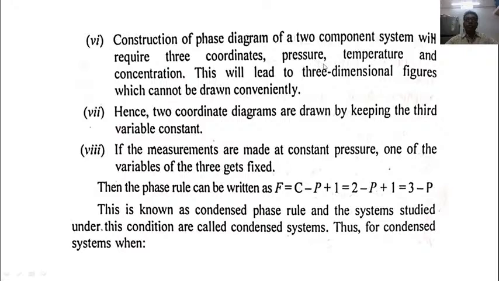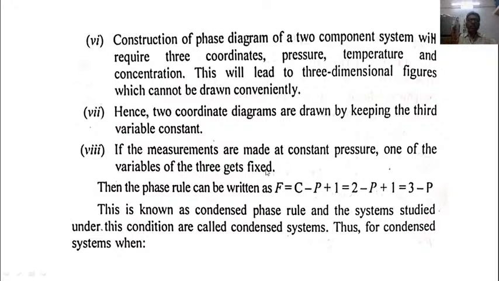Either pressure should be constant, and temperature and concentration can be changed, or concentration can be constant, and pressure and temperature can be changed, or temperature can be constant, and pressure and composition can be changed. So we can take only two variables. For two coordinate diagrams, the third variable should be constant. Generally, if the measurements are made at constant pressure, one of the three variables gets fixed.